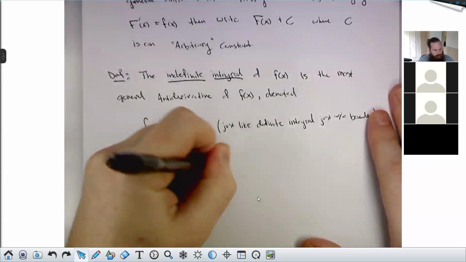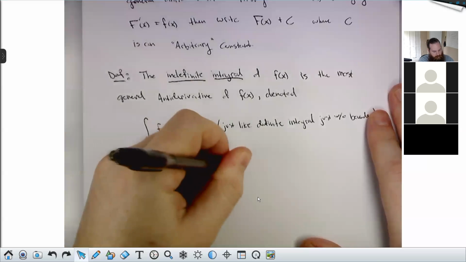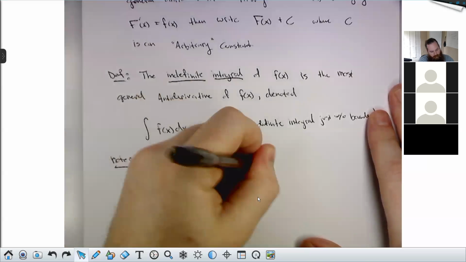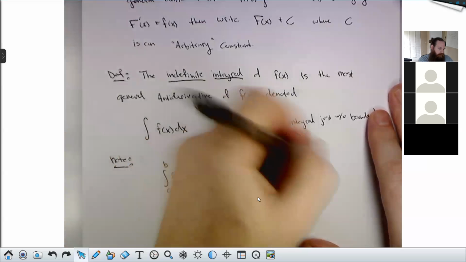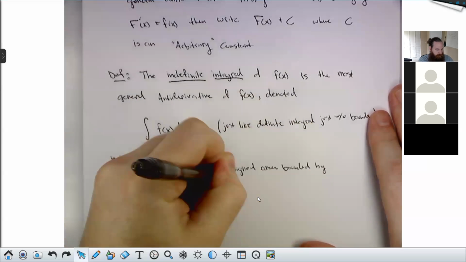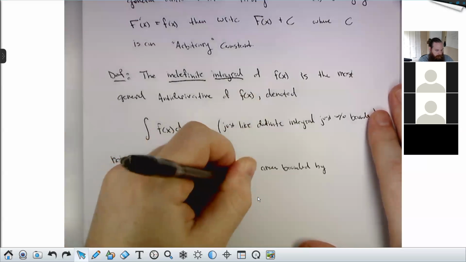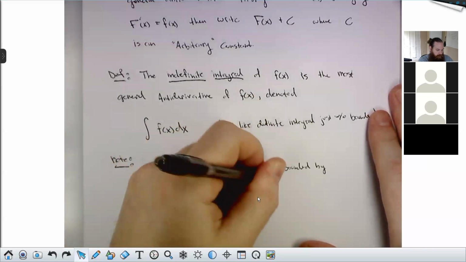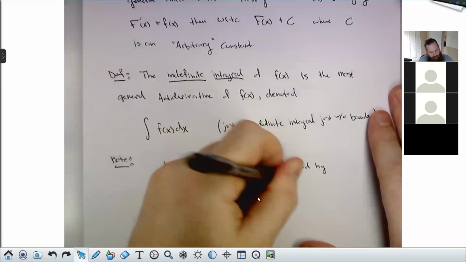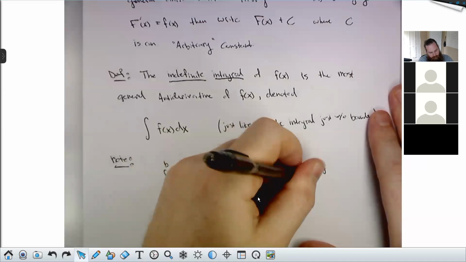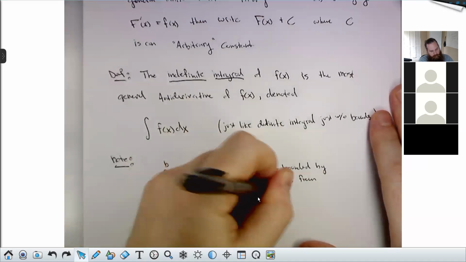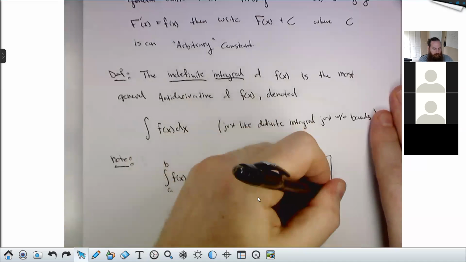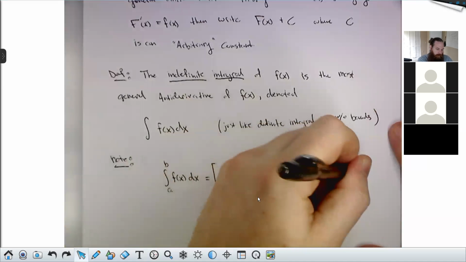It's, I mean, of course, it's the signed area bounded by f and the x-axis from x equals a to x equals b, but this is just a number.